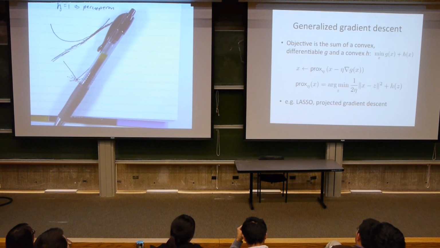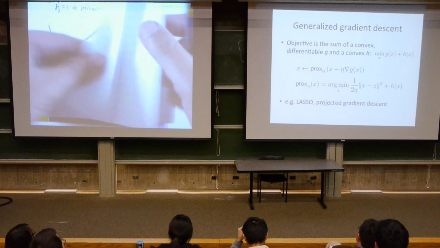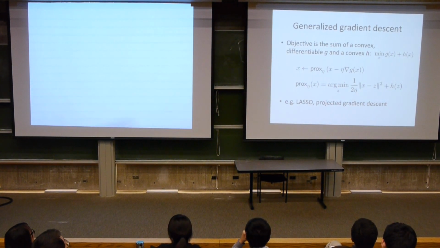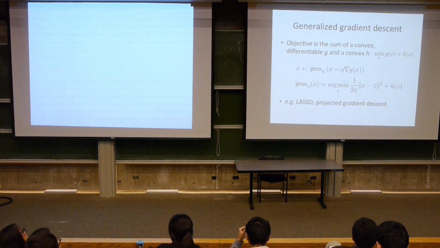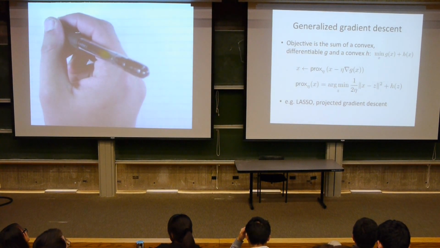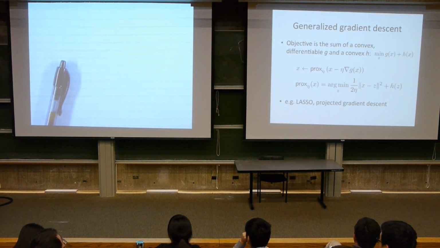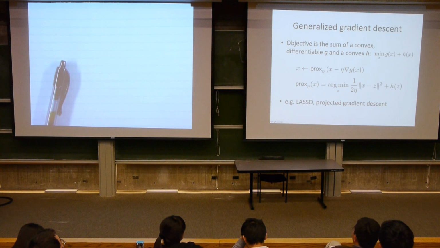In a lot of cases, we want to minimize a function that has a couple of points that aren't differentiable. But our function can often be written as the sum of a smooth, differentiable part, g, and a convex but not differentiable part, h.